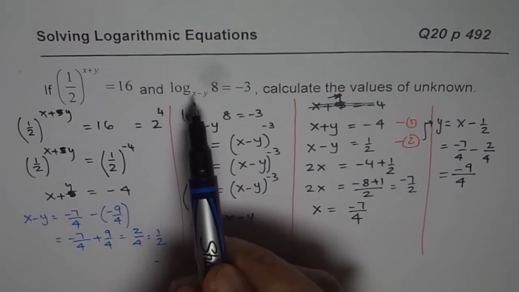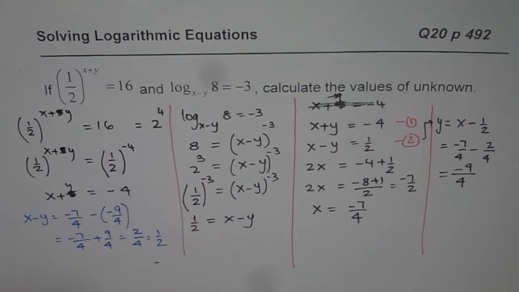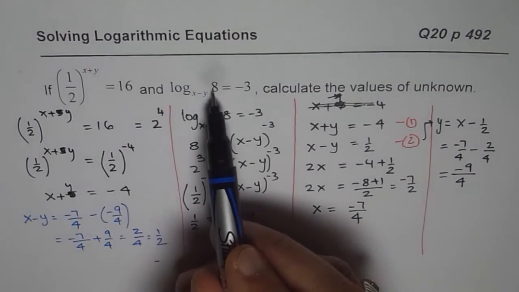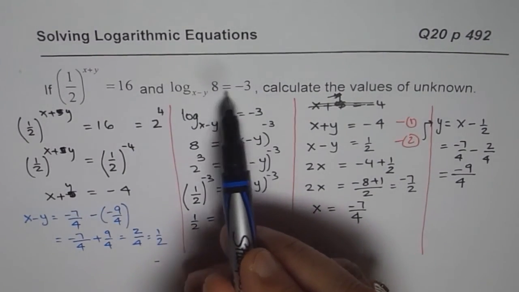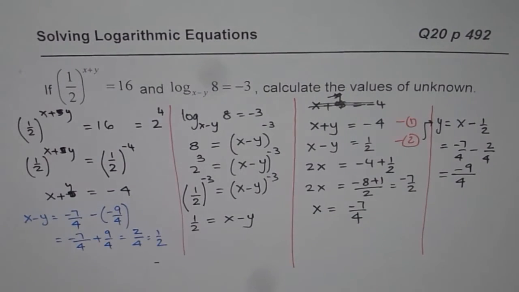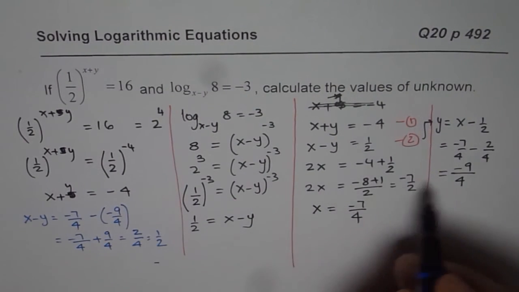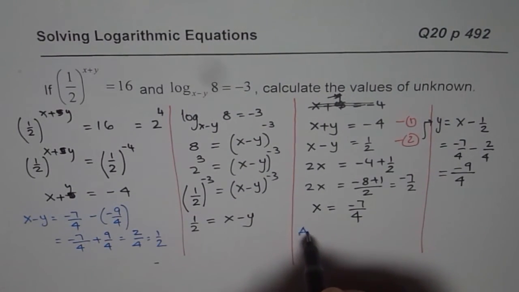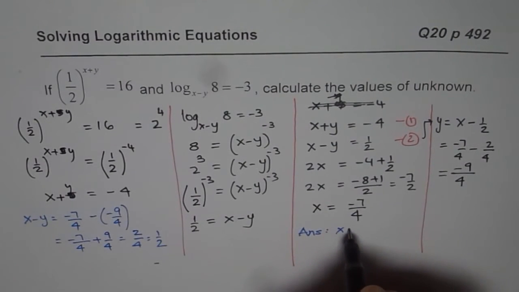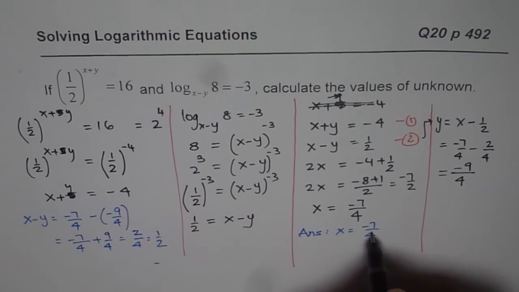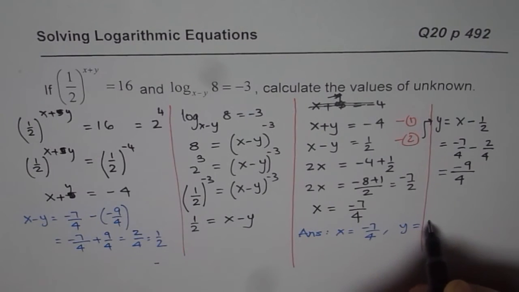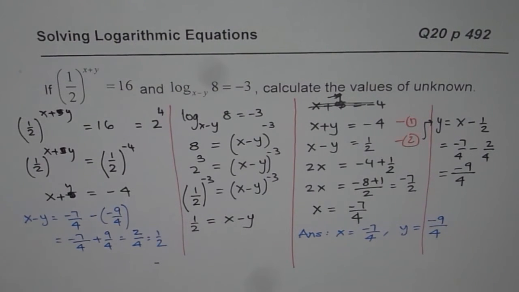If x minus y is half, then log to the base half of 8 is indeed minus 3. So it works perfectly fine for us. Therefore, we have checked that the answer is correct, and now we can write down our answer. That is, x is equal to minus 7 over 4 and y is equal to minus 9 over 4. So that is how we can do it.